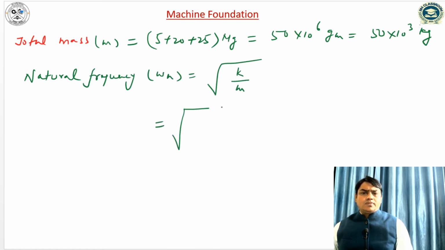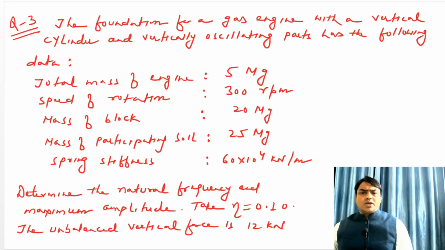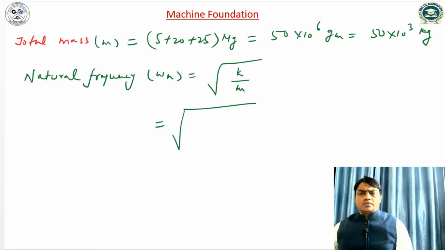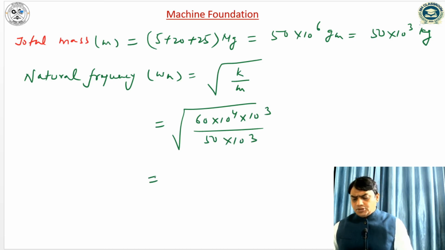Here k is 60 into 10 to the power 4 kilonewton, so in Newton it will be 60 into 10 to the power 7, divided by 50 into 10 to the power 3.